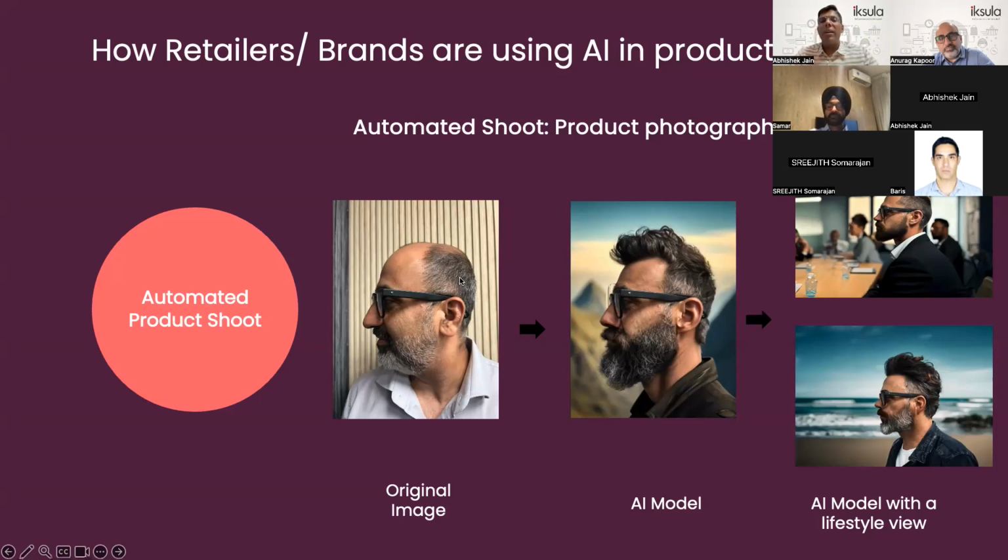Obviously you'll have to add other infra and the fine tuning cost, but I think that is more of a one time kind of cost. The regular cost would be in these ranges, and that's where we have seen the production cost specifically in shoots coming down really drastically.